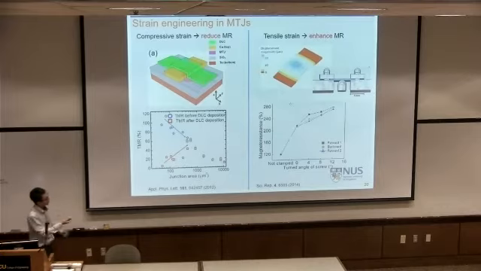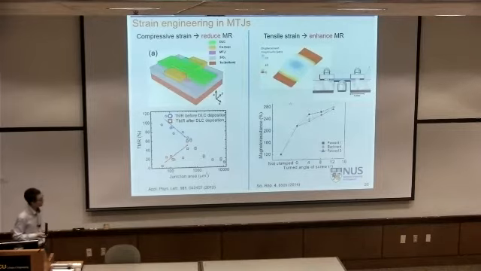Then we rotated this screw as a function of angle. Then we found the magnetic tunnel junction TMR value can be enhanced from 120% even up to 260%, and is quite repeatable. So this really shows the possibility that we can give a tensile stress, and then we can improve TMR.